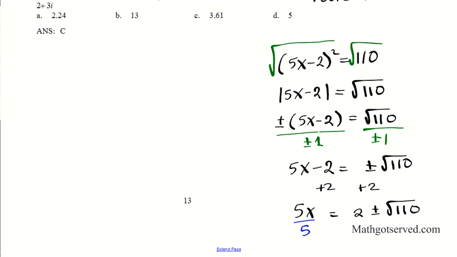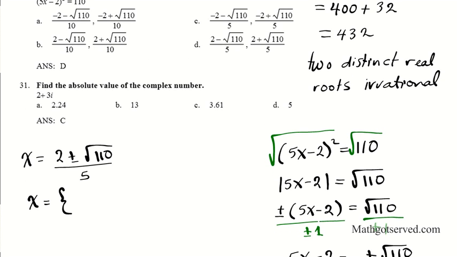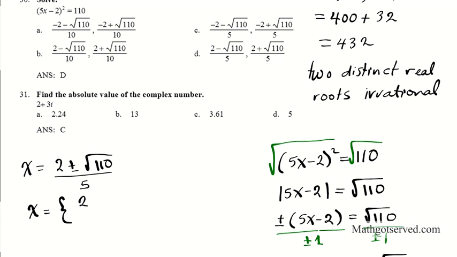So that's going to give us x equals 2 plus or minus the square root of 110, over 5. And if we write them as 2 separate roots, our answers will be {(2 - √110)/5, (2 + √110)/5}.